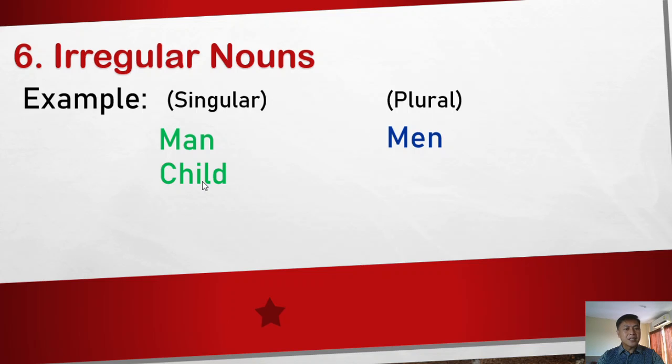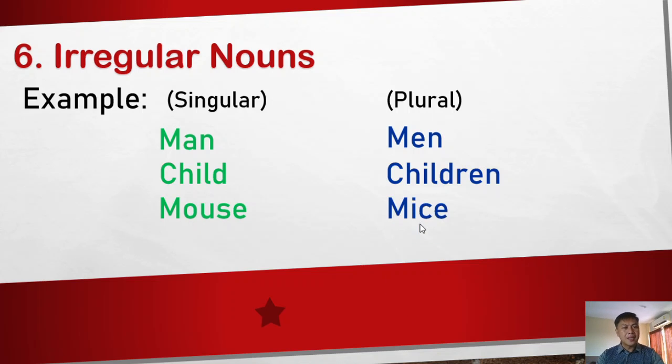Child. The plural form becomes children. One child, two children. Next is mouse. The plural form is mice.